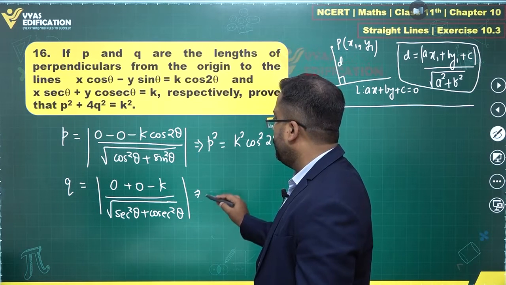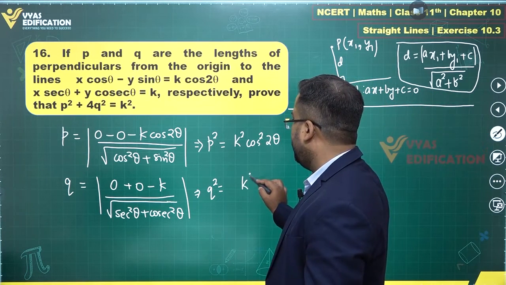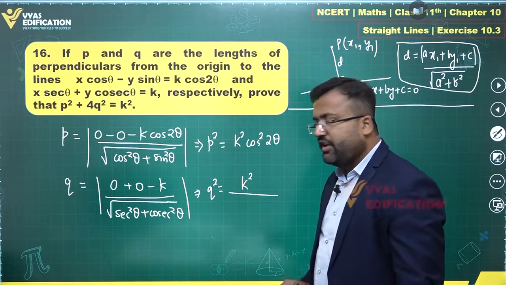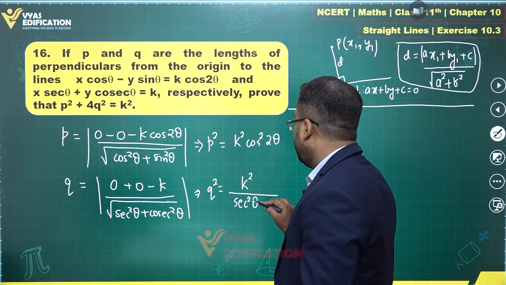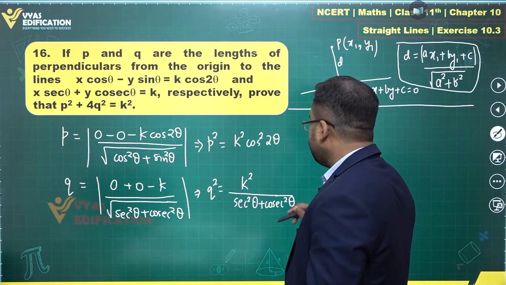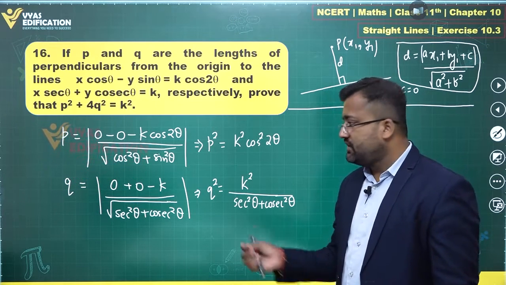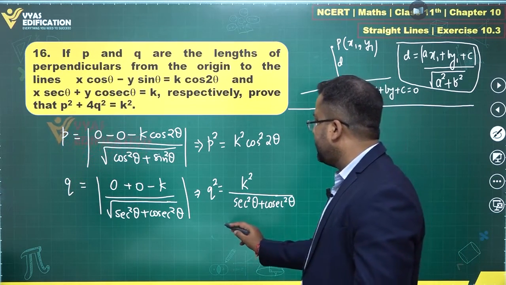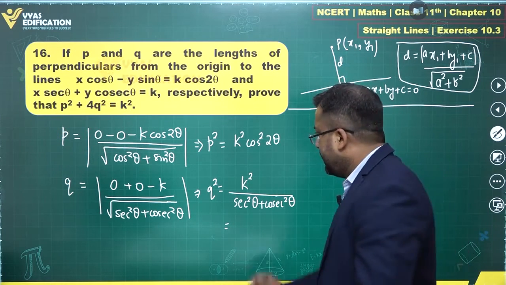What about Q? Q squared will be equal to k square in the numerator, and in the denominator you will have sec square theta plus cosec square theta, okay. This is what you have. And can I simplify Q square first of all? Yes. Let's try to convert this also in terms of sine and cos. This is 1 upon cos square theta, this is 1 upon sine square theta. By the way, let's multiply with sine square theta and cos square theta in the numerator and denominator.